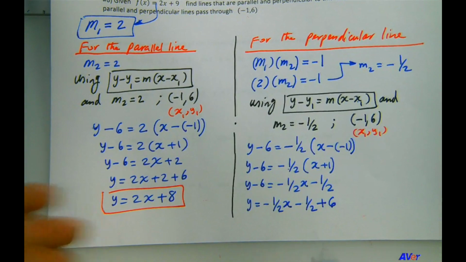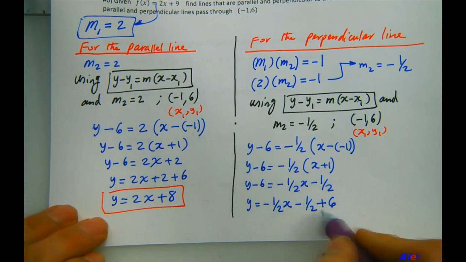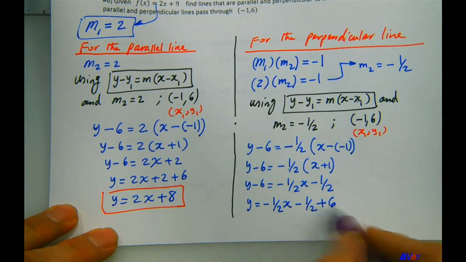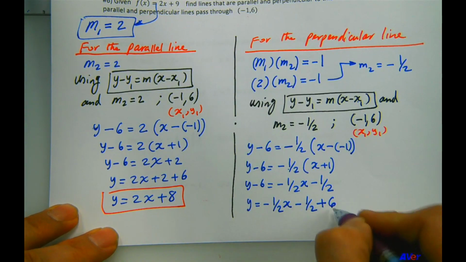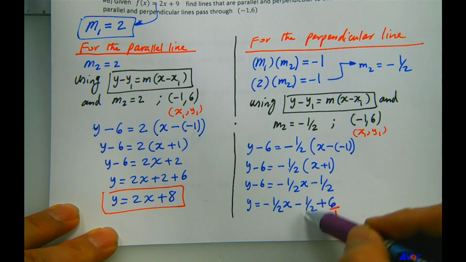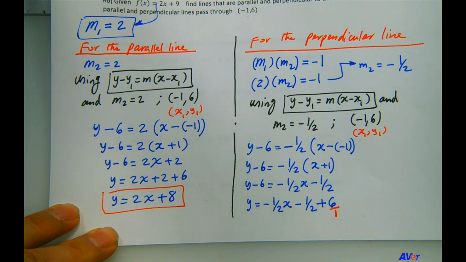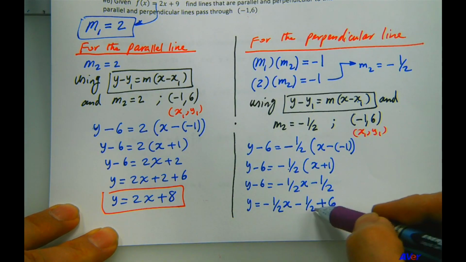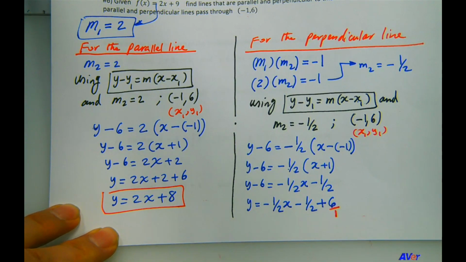So take a look at these. We need a common denominator to be able to add these two constants, right? We know that the denominator of 6 is 1. What is the common denominator? Common denominator is 2. So the first fraction minus 1/2 is happy because it's got its denominator equal to the common denominator 2.